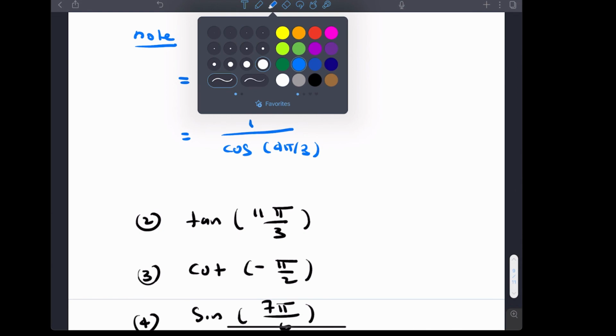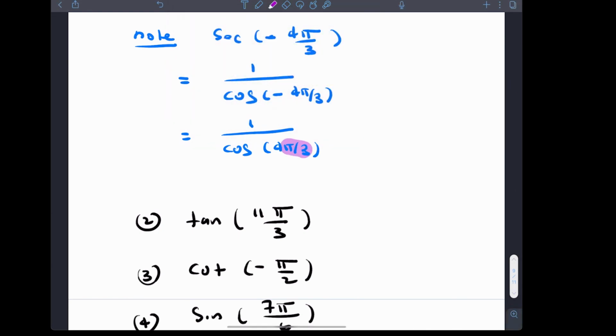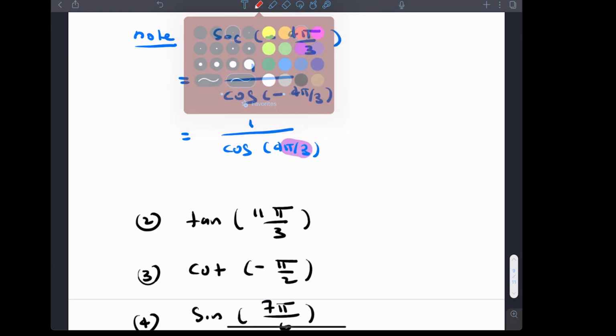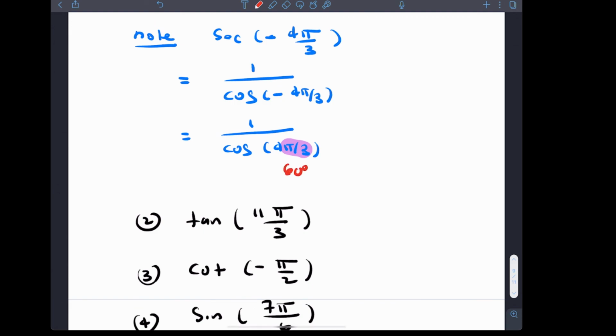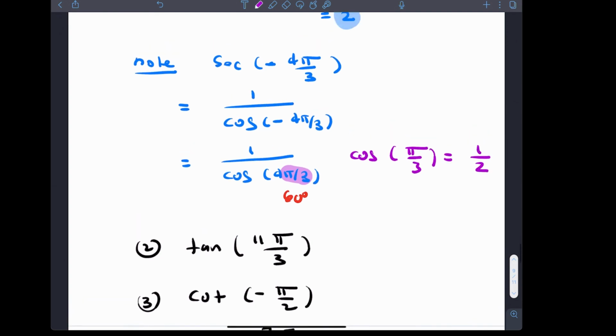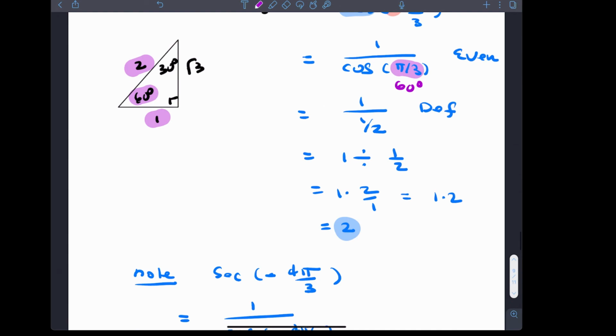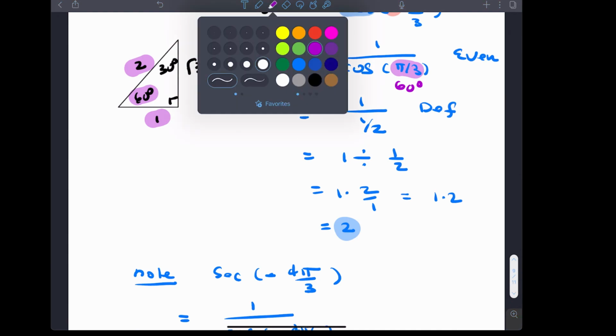And then again, here you're focusing on what? Pi over 3, which was, what is pi over 3 again? 60 degrees. Now, what did you know about this, right? Cosine of 60 degrees, I think we said was what? Was that 1/2? Is that true? I think we did. You say, where was that?